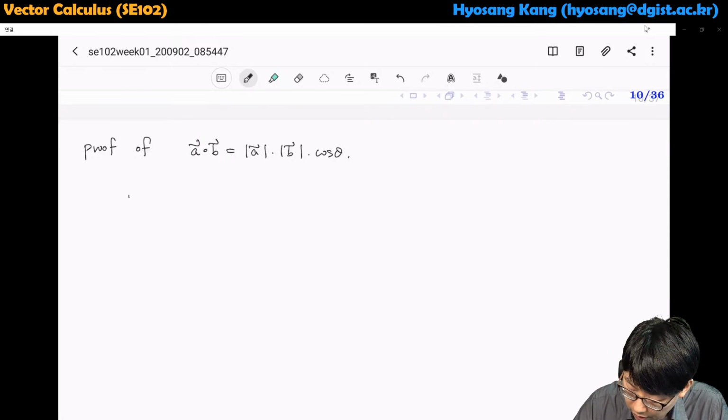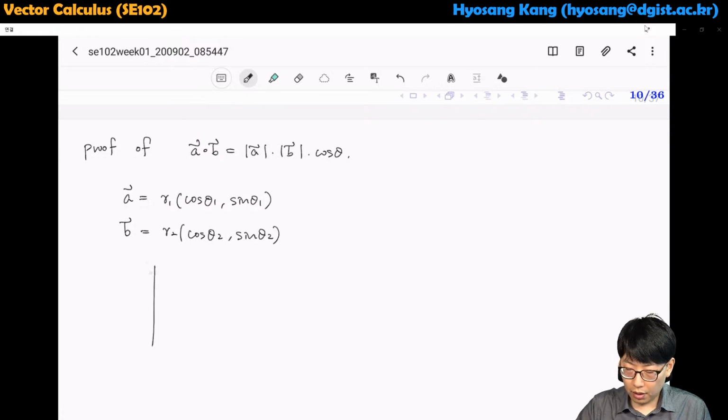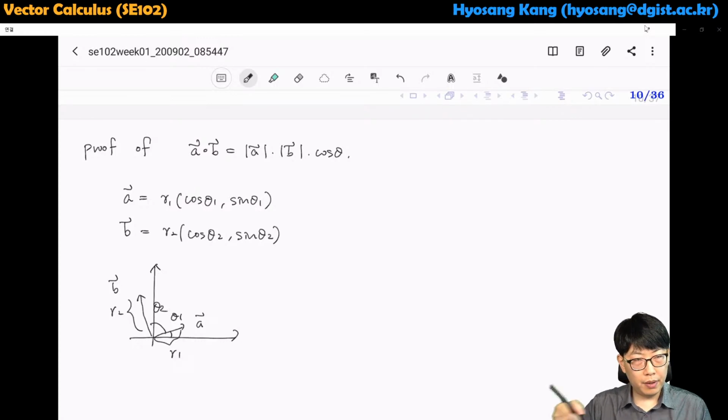So I can write safely A as r1 times (cosine theta 1, sine theta 1), and B as r2 times (cosine theta 2, sine theta 2), which means that A has length r1 and angle theta 1, and here is B, whose length is r2 and angle is theta 2, measured from the positive direction of x. Here are x and y.